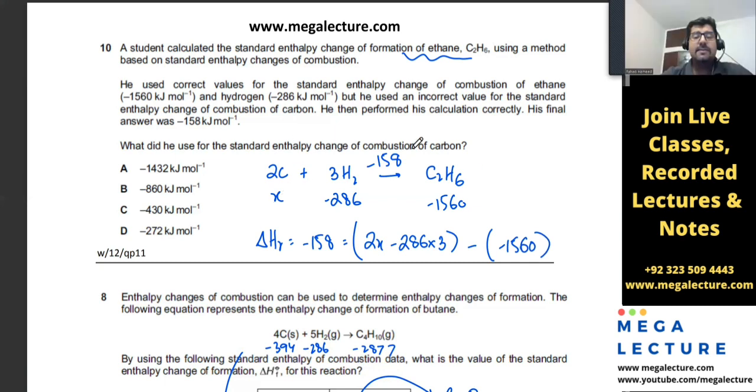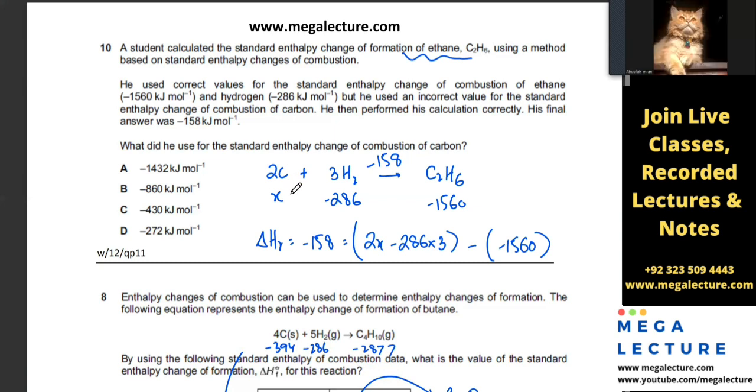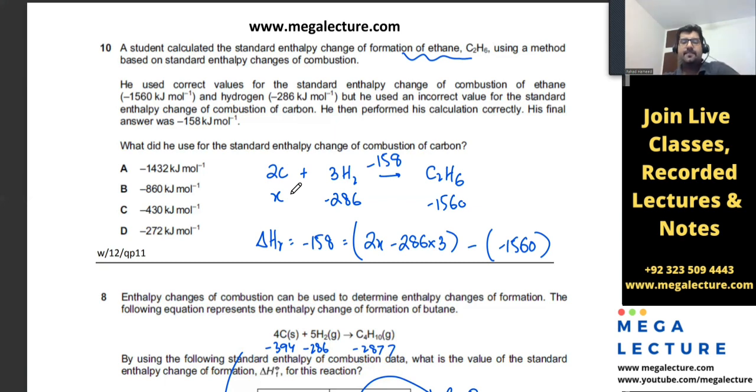So the original data was actually missing. The final answer was already given to you, so you'll be able to figure out the original value. What do you get for X?